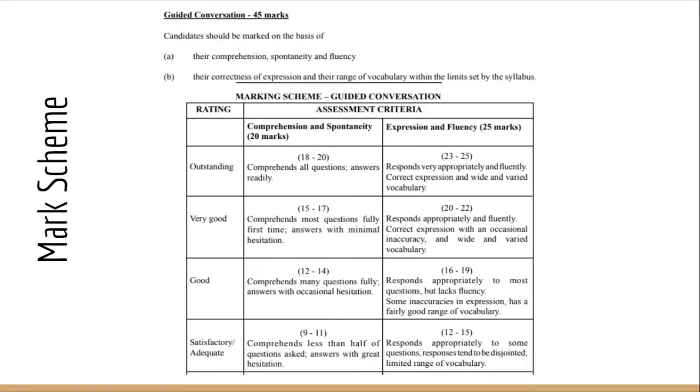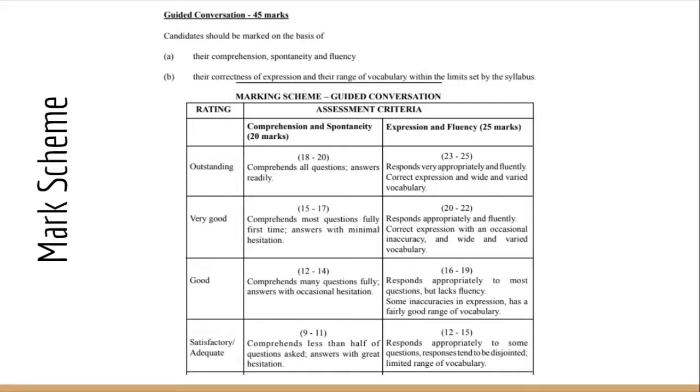So this is where the repetition comes into play. It's possible that for this part, maybe you would have asked the examiner to repeat maybe once or twice, maybe 3 times, but that's pushing it. But that would be the band that you end up in if you ask for a lot of repetition or you ask for a bit of repetition. As I said, maybe 1 to 3 questions, right?